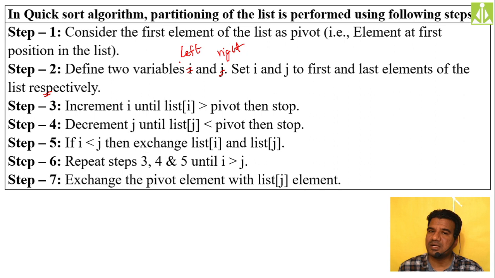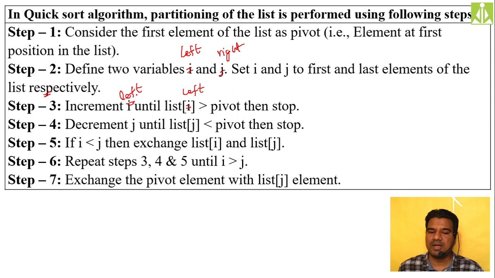Then we start comparing the elements with the pivot. We compare list of left with pivot and list of right with pivot, and make changes accordingly. Increment left until list of left is greater than pivot; then stop.